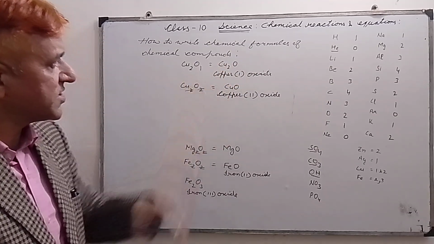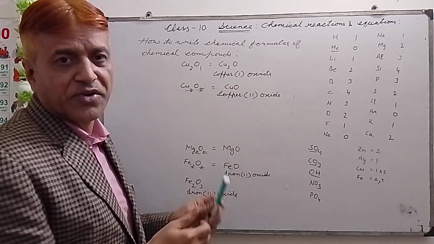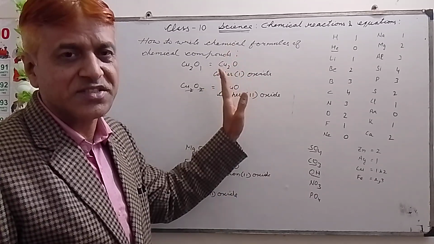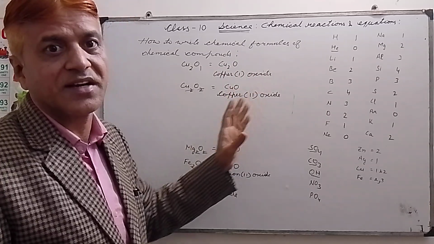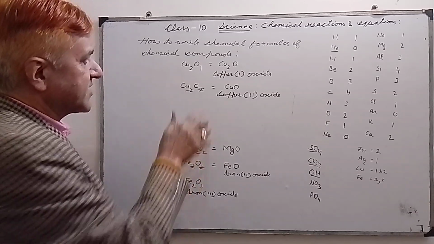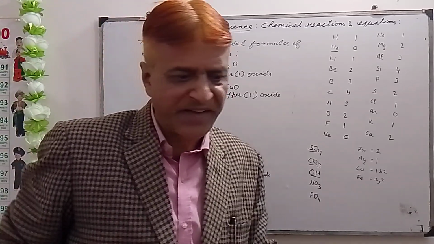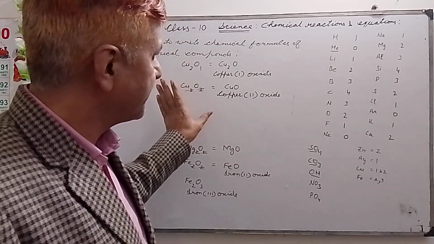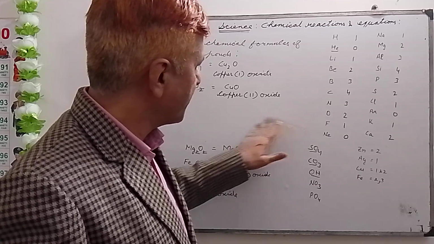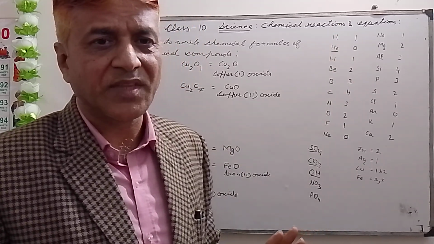Now whenever you see a chemical compound where 1 or 2 is written in brackets, that is nothing but their valencies, and you must immediately understand the meaning of that. Actually these are different compounds, my dear students. In this way you can write a chemical formula for any chemical compound.